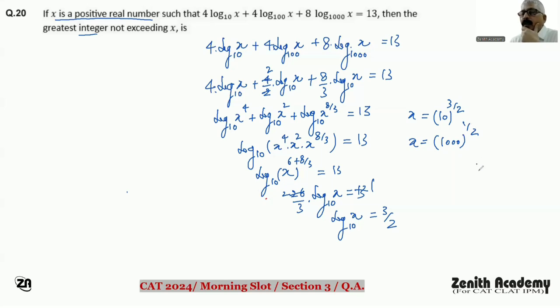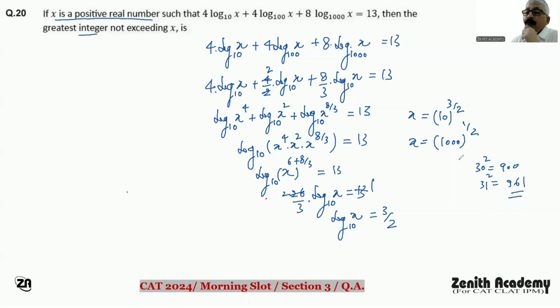See, 30 squared is 900, right? And 31 squared is 961, right?